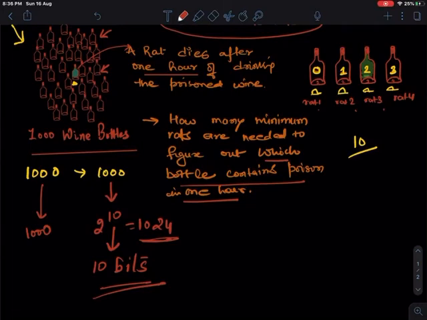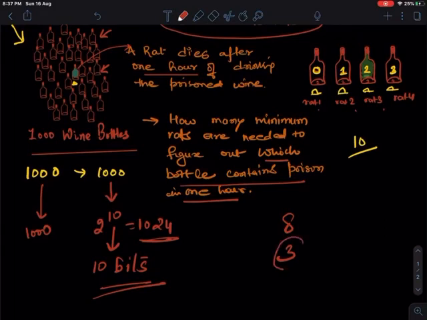I'll need only 10 bits. I'll not need 1000 individual numbers like in the decimal system. I only need 10. So you always remember this thing. Just like in decimal form you have 8 numbers, but you only need 3 individual bits to represent these 8 numbers using 0 and 1, right?